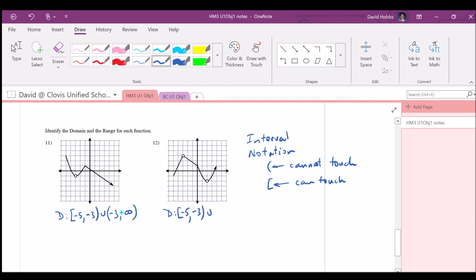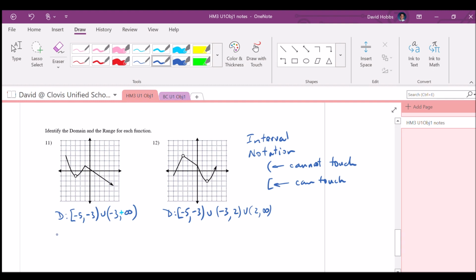Sorry, I did not mean for them to be the exact same thing. And then, oh, it's not exactly the same because it goes from -3 to x equals 2. I can't touch at 2, and then it goes to the right forever. So not exactly the same thing. There's our domains. Remember, parenthesis means you can't touch it, square bracket means you can touch it. Okay, there are the domains.